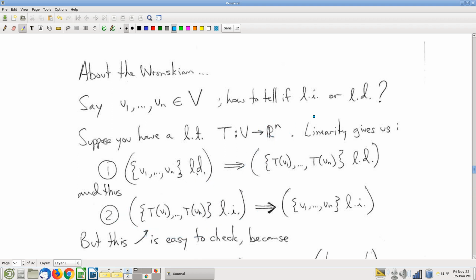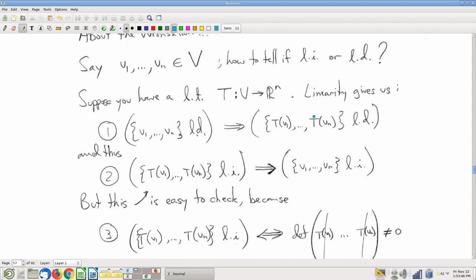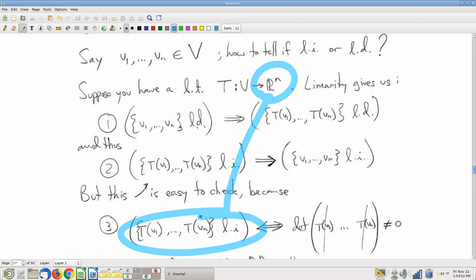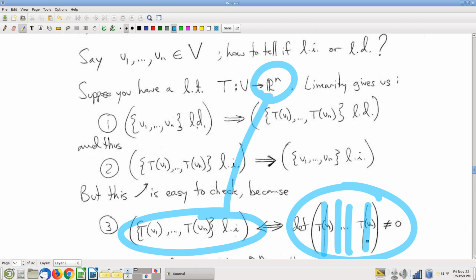So here's the idea then. We know that in Rn, these vectors are independent if and only if those vectors make columns of a matrix whose determinant is non-zero.